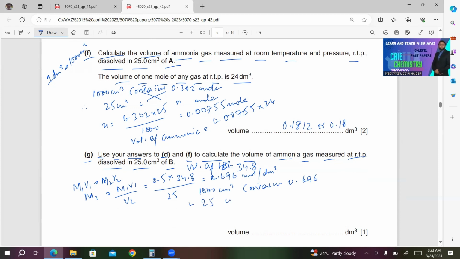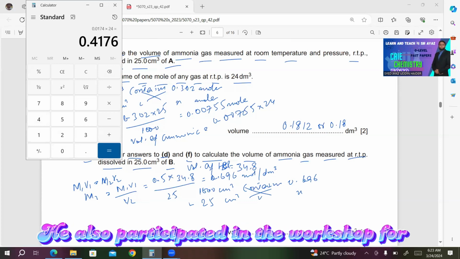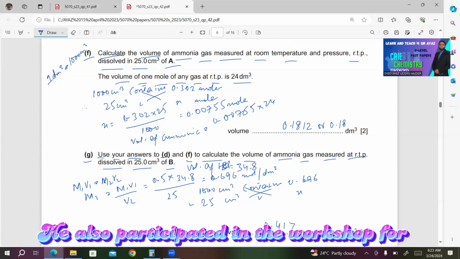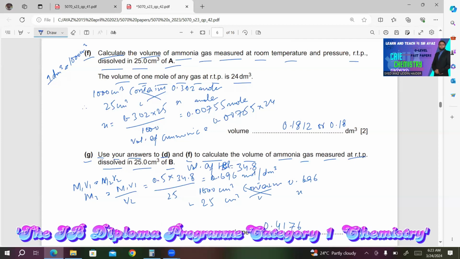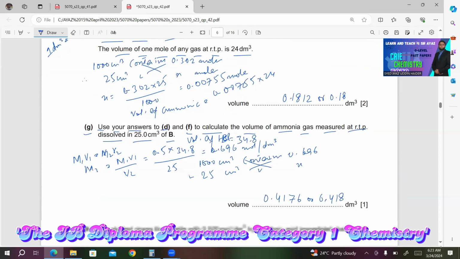Therefore, 25 centimeter cube contains X. So 0.696 multiplied by 25 divided by 1000, and then it will be multiplied by 24 in order to get the volume of ammonia in B, 0.4176, or you can even round it off to 0.418. So this will be the answer.